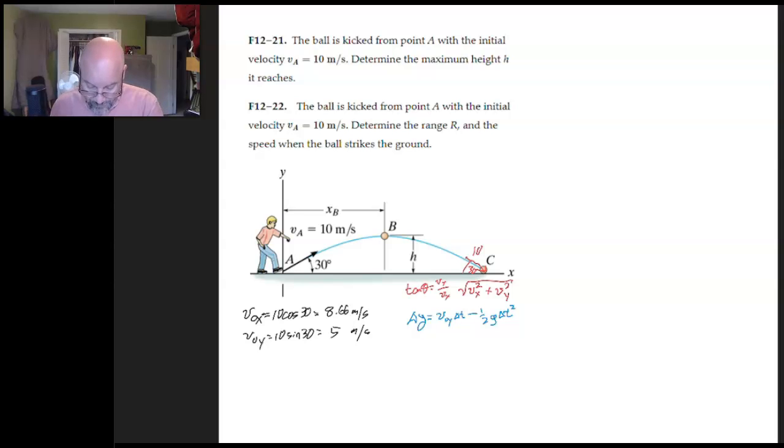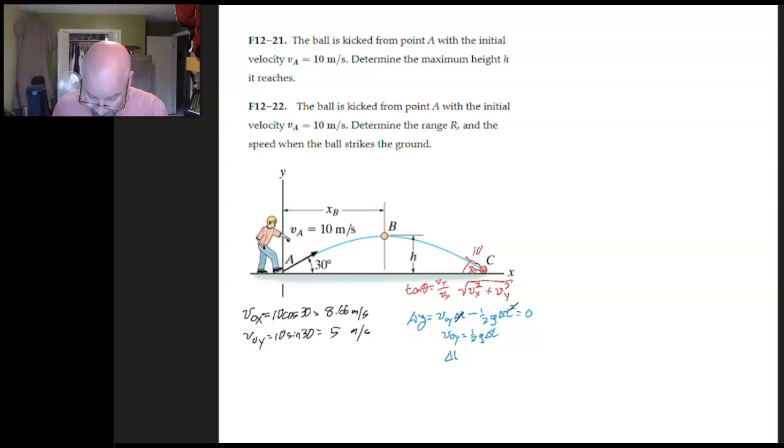Now our delta y is going to be 0 since we're starting and landing at the same place. Algebraically, if I divide by delta t, I lose that term right there, and I'm left with v0y equal to 1/2 g delta t.